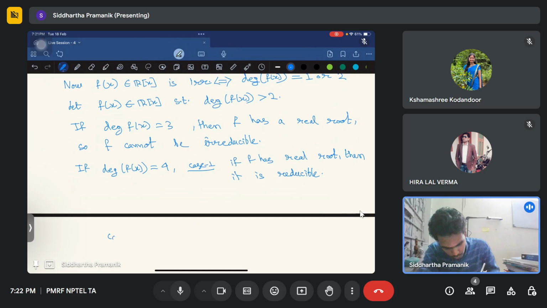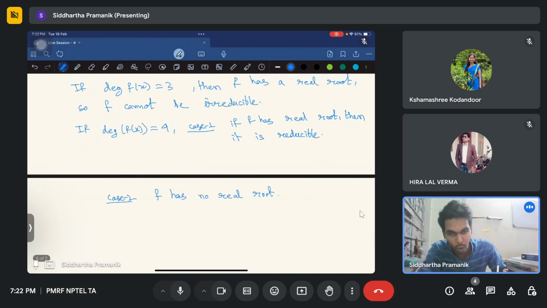Now case 2: f has no real root. Then what can you say? All roots of f are complex numbers.